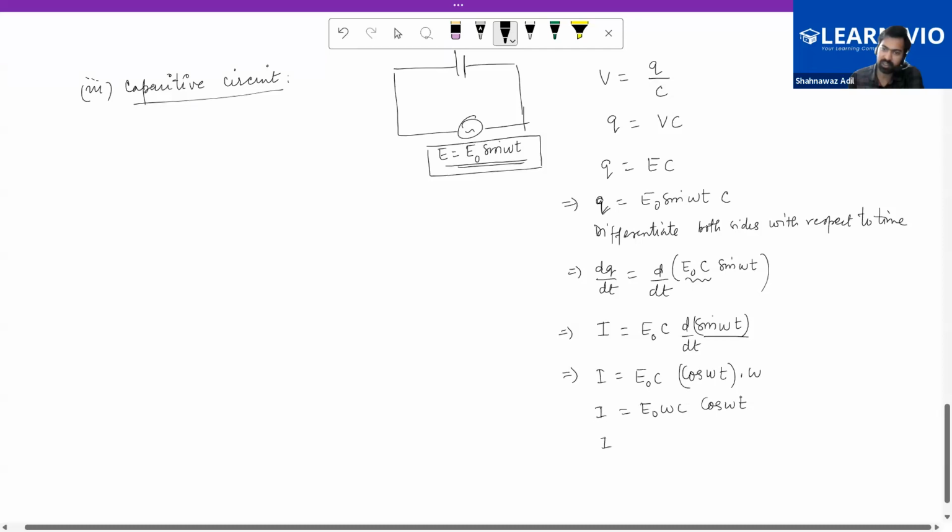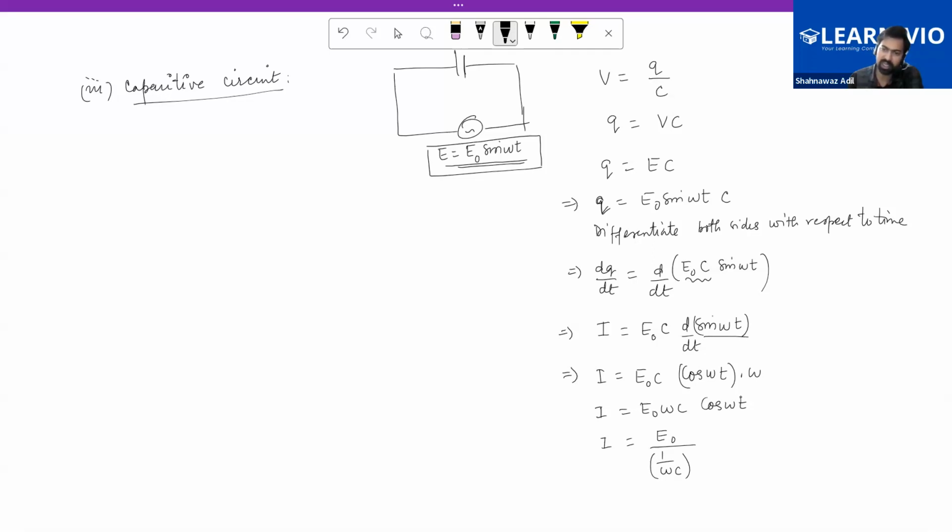So I can write this as E naught, and I can write this omega C as 1 over omega C, right? Because ultimately it will go at this place. Ultimately it is E naught omega C, but I'm writing it differently because I want something divided by resistance, that is the current, right?